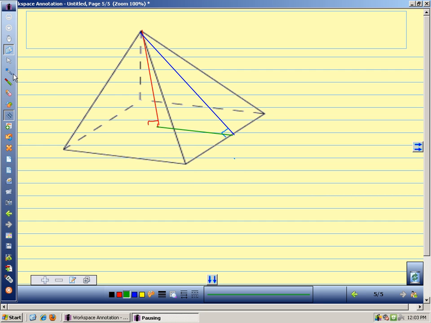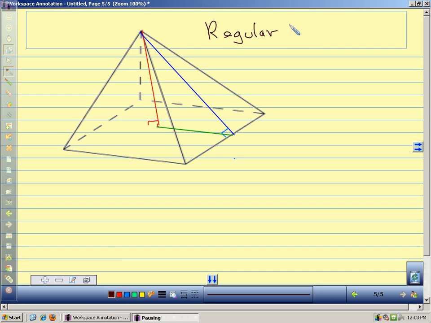And we're going to say that this is a regular pyramid. So if this is a regular pyramid, and this is a 90-degree angle here, this triangle made by the red, the blue, and the green segment, what kind of triangle is that? This is a right triangle.